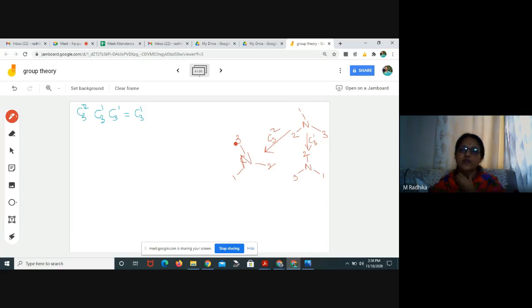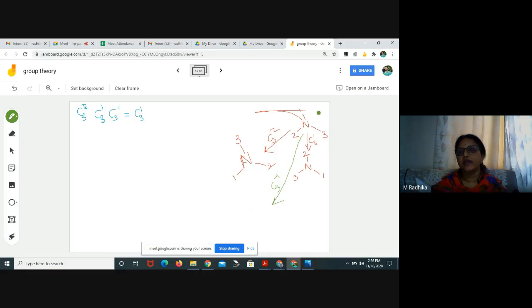So C32 is the inverse of C31. This was C31, right? If I do the inverse of C31, what happens? Instead of rotating clockwise, I have to rotate anti-clockwise. I'll change color. To this I am doing C31 inverse, C3 minus 1.